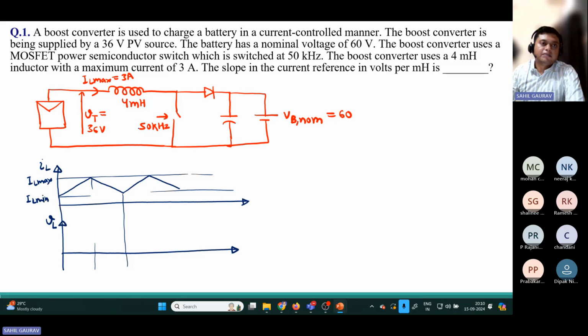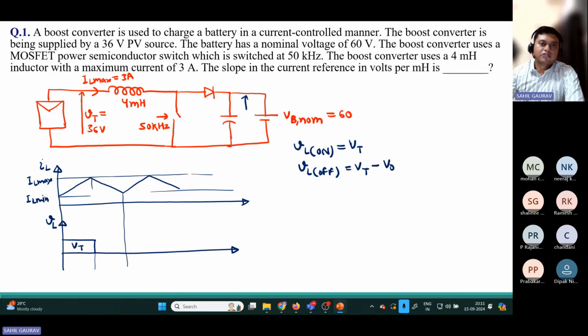During turn on time, the voltage across the inductor will be equal to Vt. So it will be Vt, and during turn off time, this inductor voltage will be Vt minus V naught.